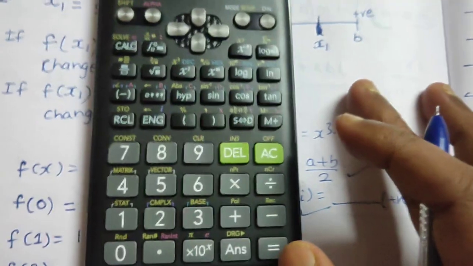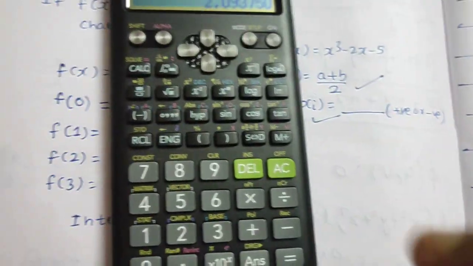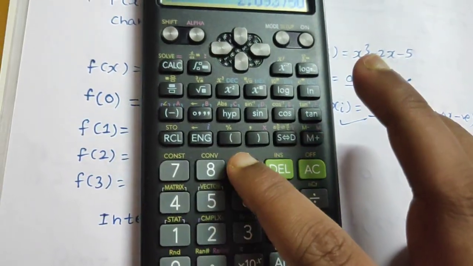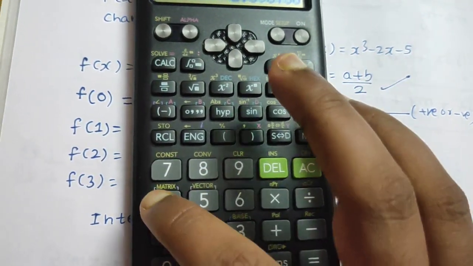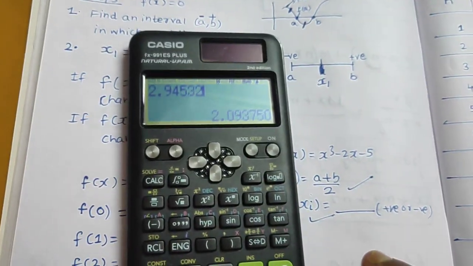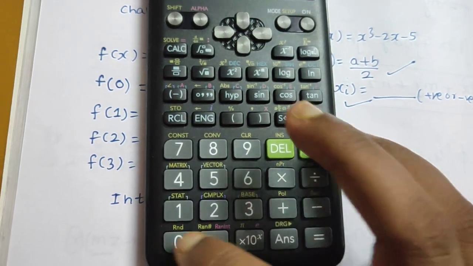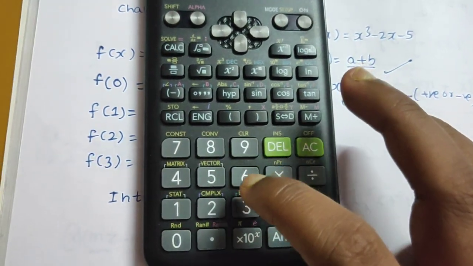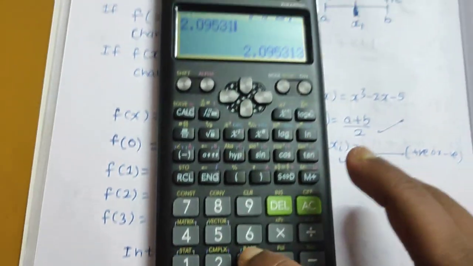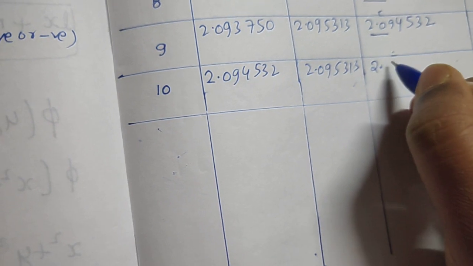A is changing to 2.094532, B is changing to 2.095313.